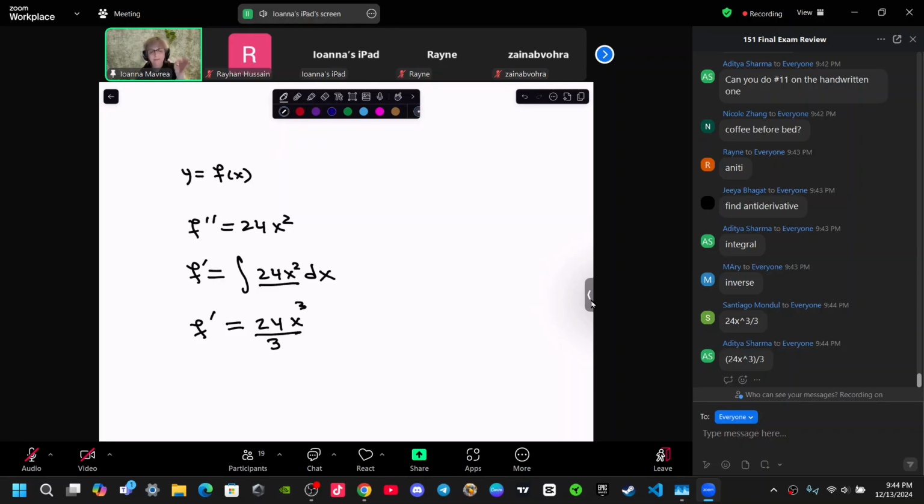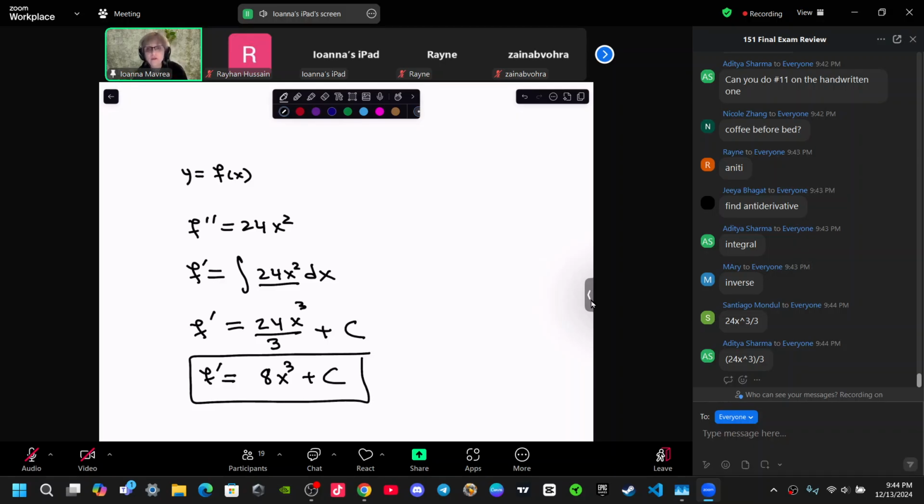Again, if you really worry, don't simplify 24 over 3, although it does simplify nicely. Plus c. Okay, since I don't worry too much that I'm going to make a mistake, nobody's grading me. That's what the derivative is.